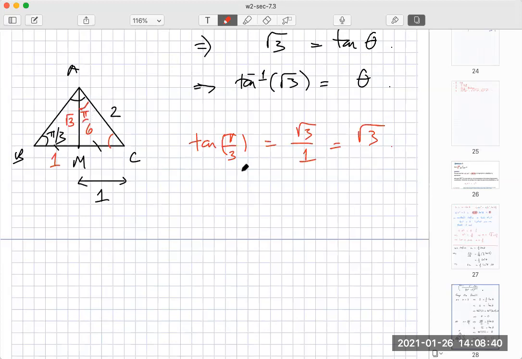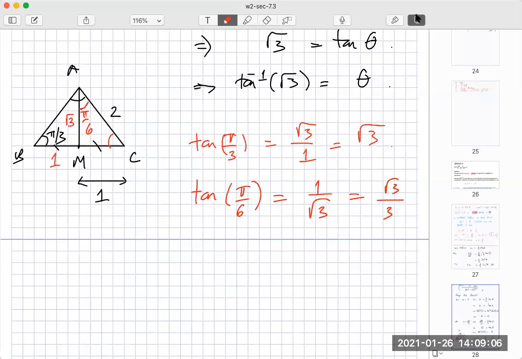Again, doing similar things, we can find the tan of pi over 6, and what is it? 1 over square root of 3, or square root of 3 over 3. Right, they're the same. Anyway, this is how you can memorize these special triangles.